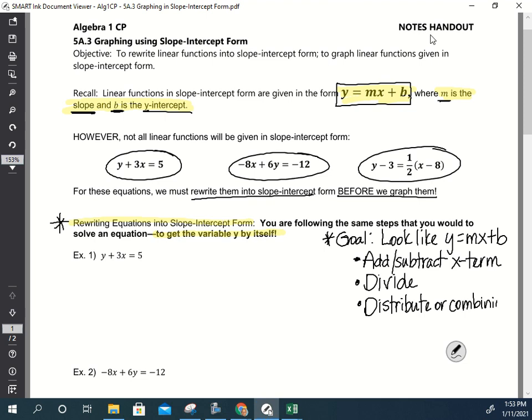Or combining like terms. What are you going to do? It depends on the problem. So we're going to do some examples. So it requires you to look at the problem, see what's happening, and then do that work.